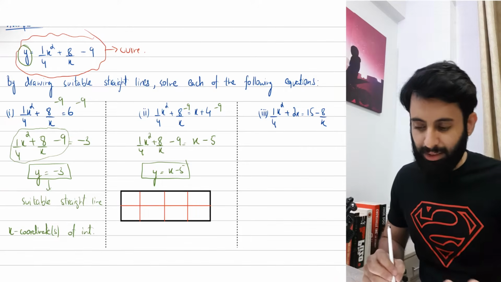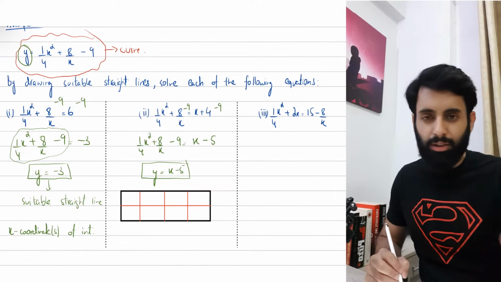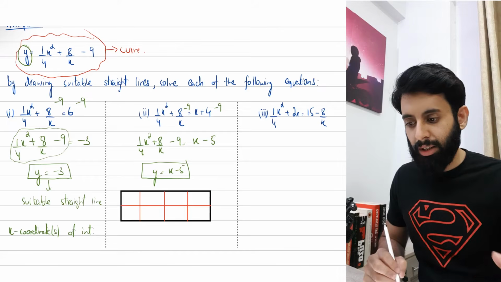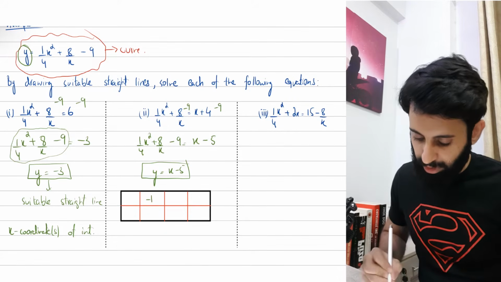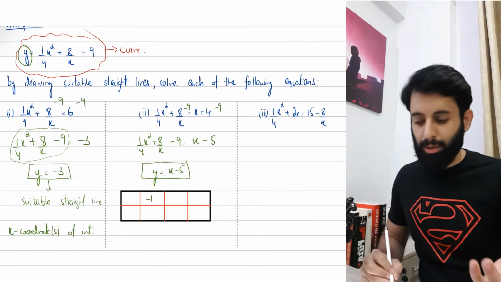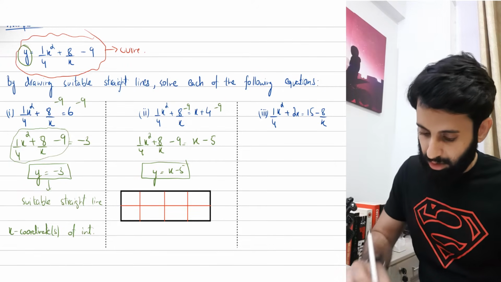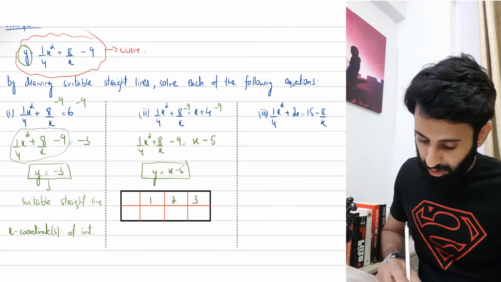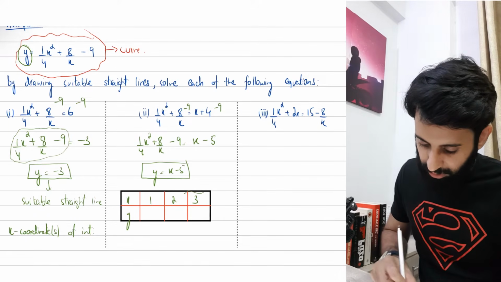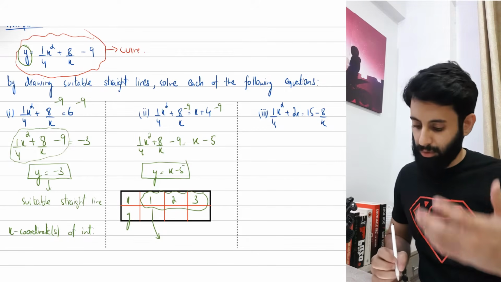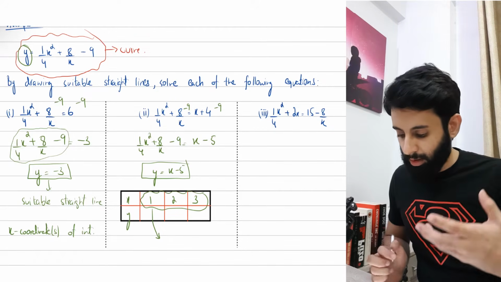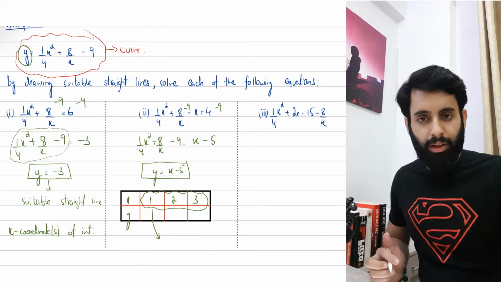So for example, if on the grid I'm only provided values of x and y from 0 onwards, there's no point in plugging in minus 1 here, because where am I going to mark that minus 1? So instead I'll take 1, 2, 3 for x and y.